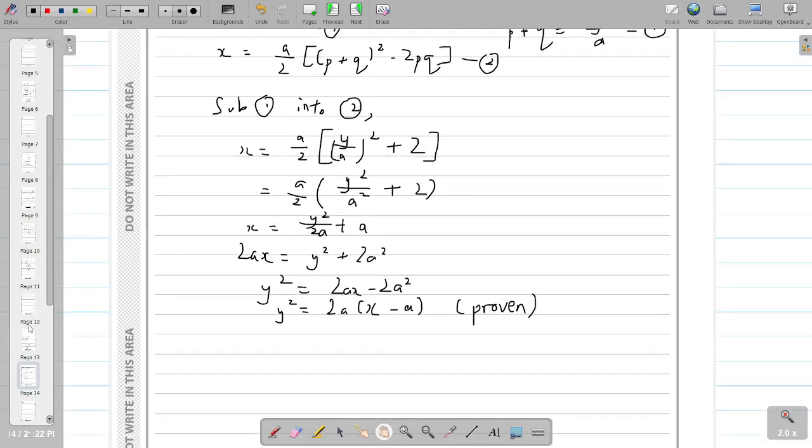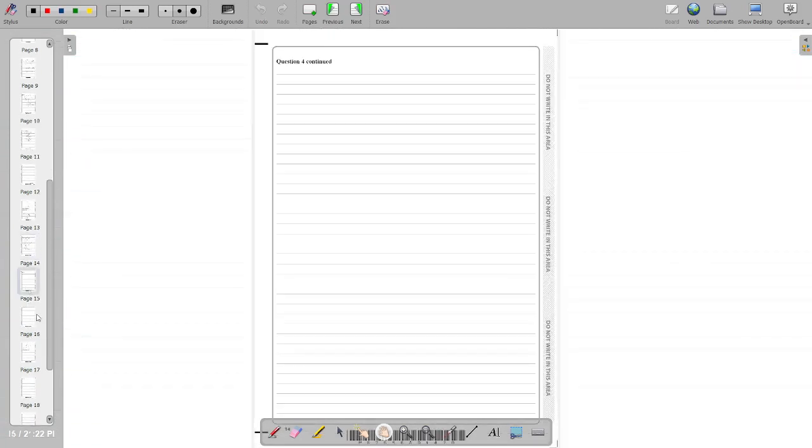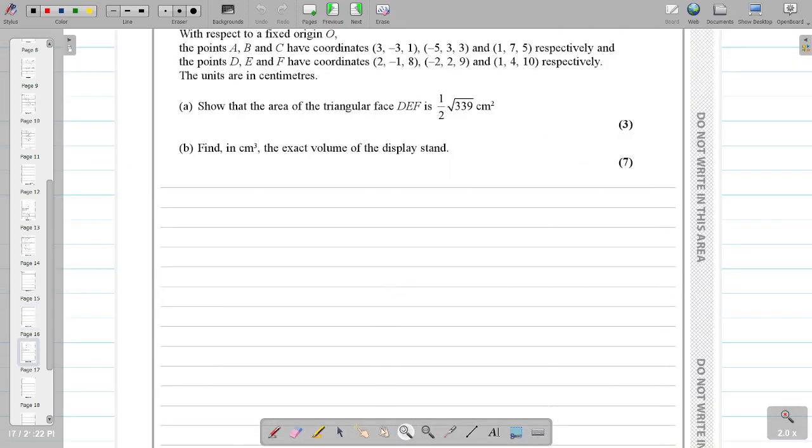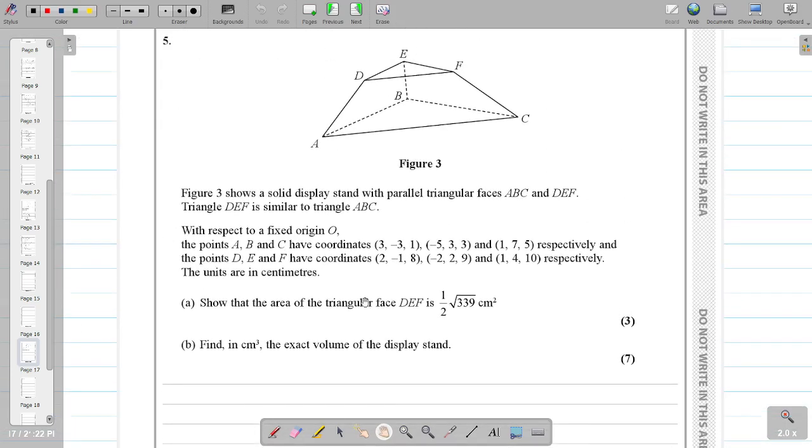All right, next question. Do we have more space? Probably more space. Yep, more space. Question 5. This is the last question, and then we have to go back to 1 because we haven't finished that one yet. This looks like a vector question. Figure 3 shows a solid display stand with parallel triangular faces. Similar, meaning that the angles are going to be all the same.